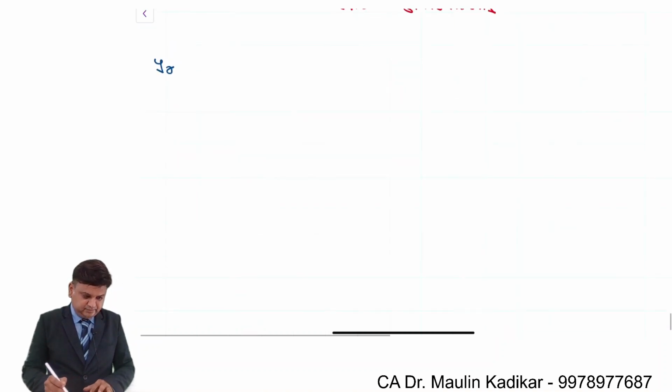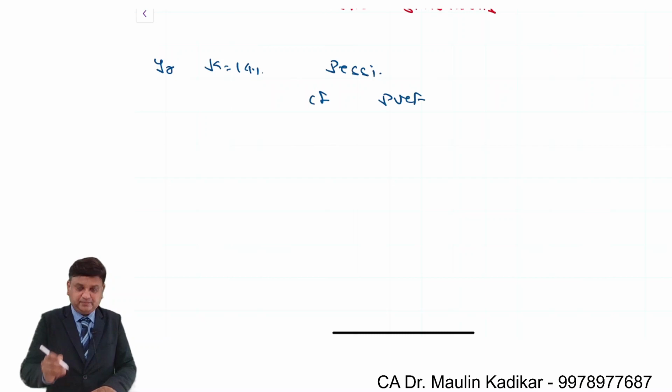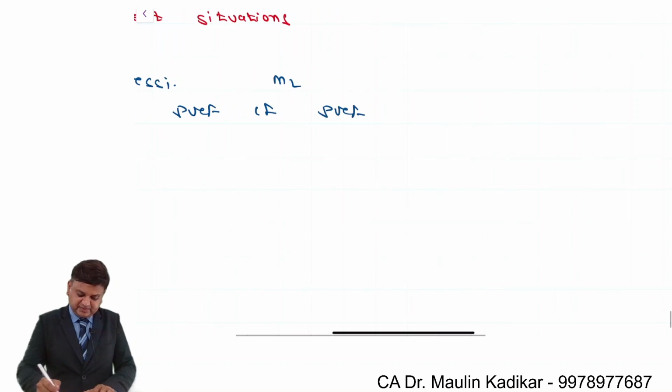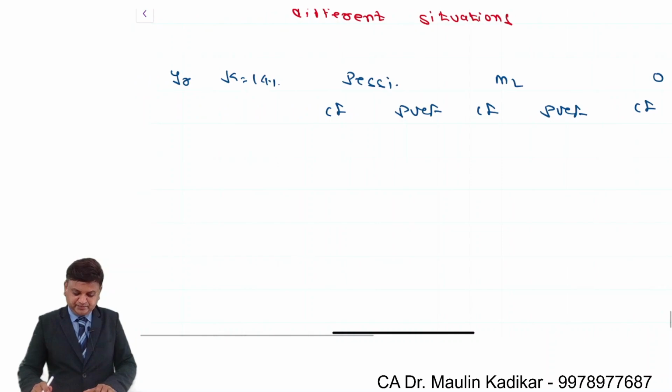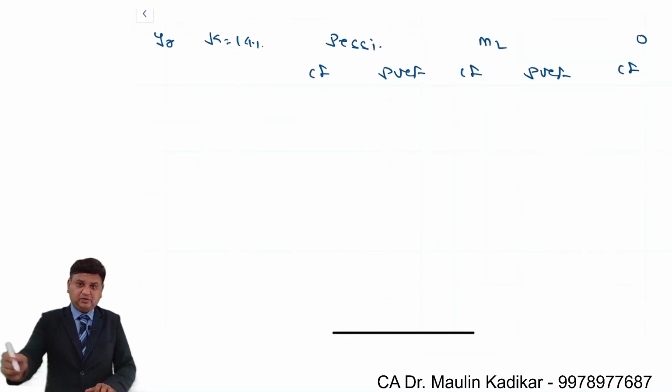It is year, then discounting factor 14%, then pessimistic cash flow, present value cash flow. Same way the next one, that is most likely cash flow, present value cash flow. And the last one is optimistic cash flow and present value cash flow. This is the way we are required to make the calculation of the answer.